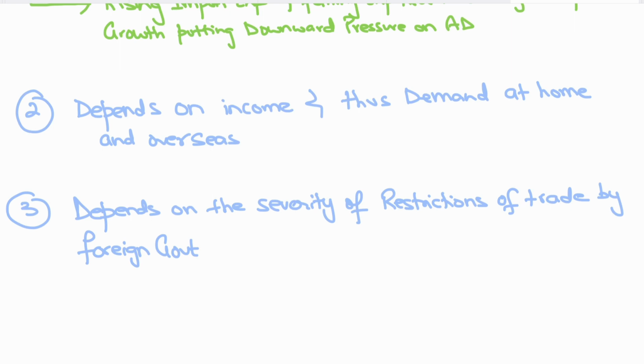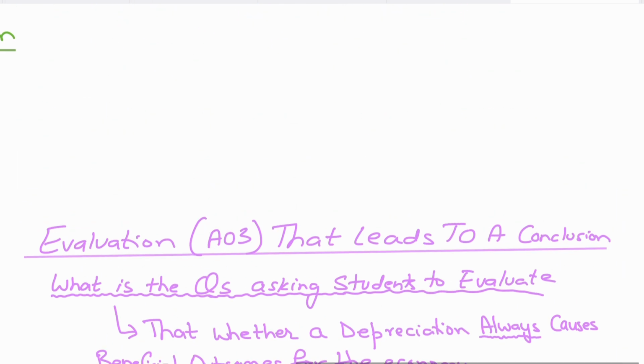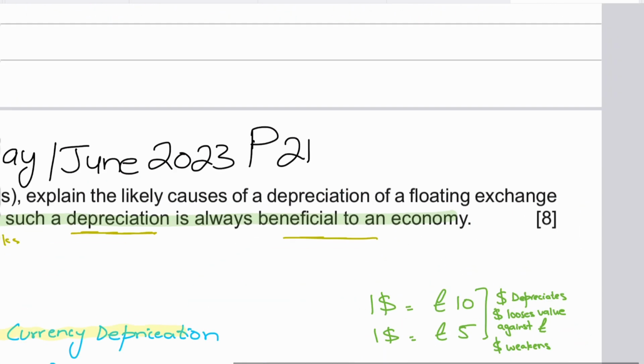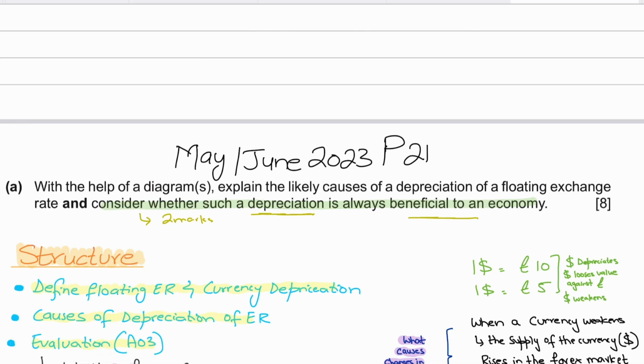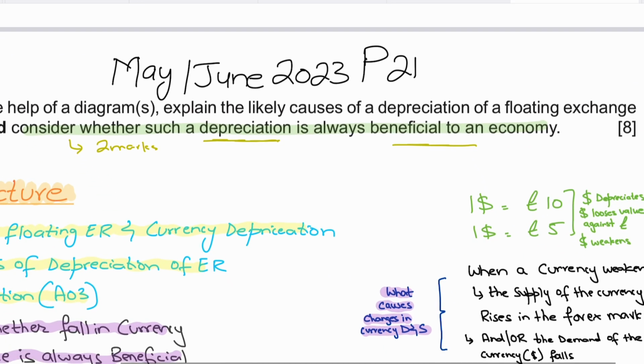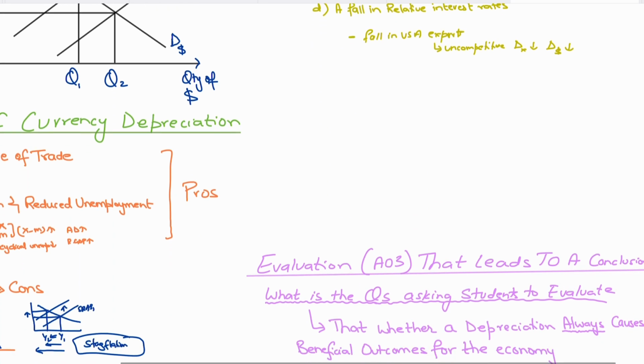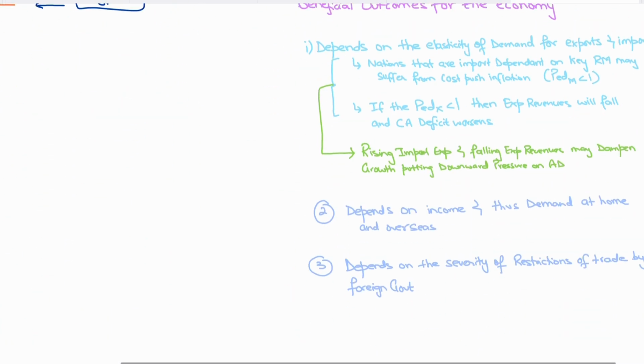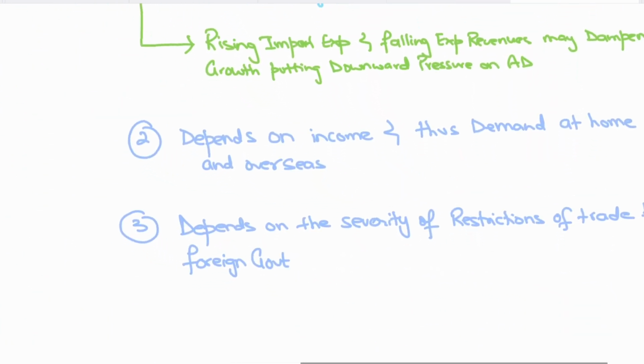So demand for our exports will still be low despite a fall in export prices because of a weak exchange rate. So export revenues may in that case not increase, with hence no current account deficit improvement. So the narrative the examiner is trying to get us to evaluate, whether a currency depreciation is always beneficial to an economy or not, depends upon whether the income and demand overseas is strong or weak. If it's weak, then it won't be beneficial, right?